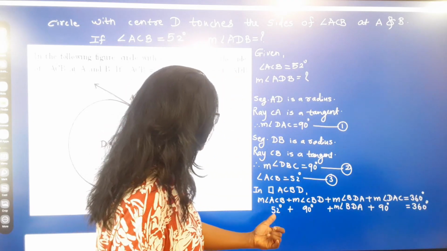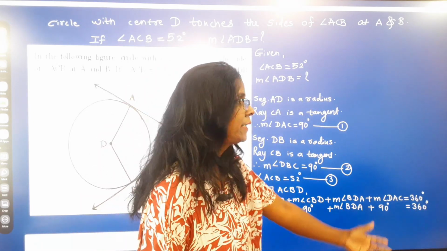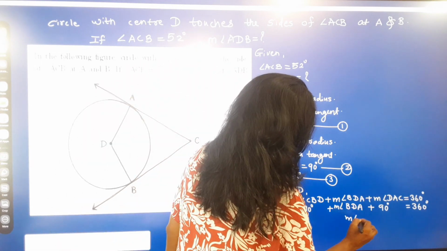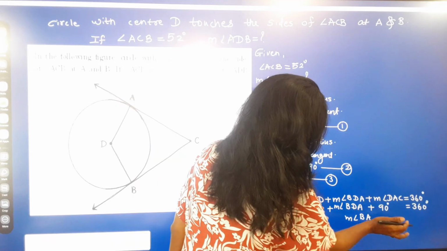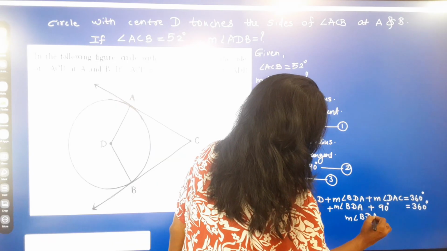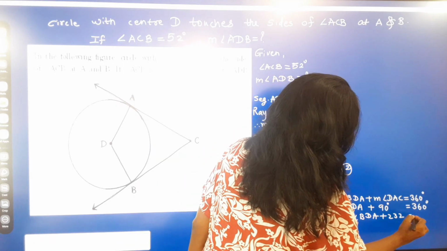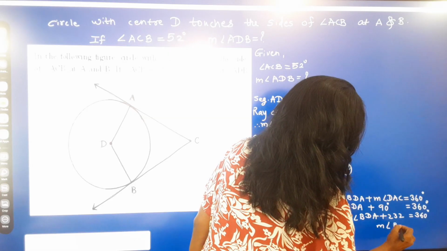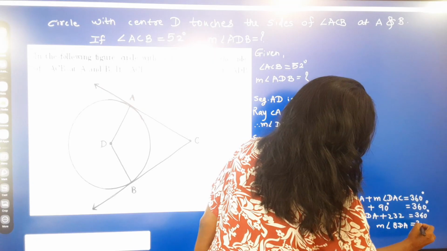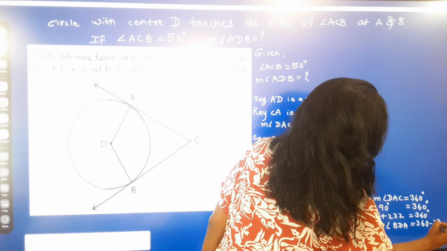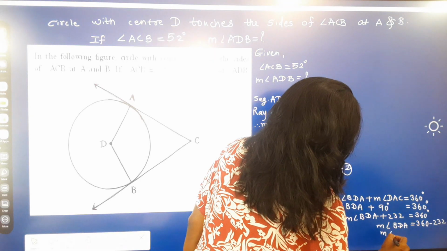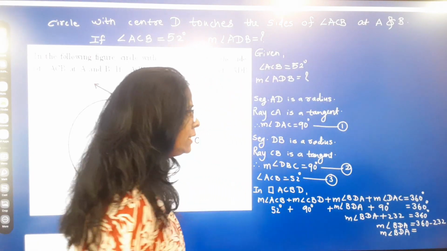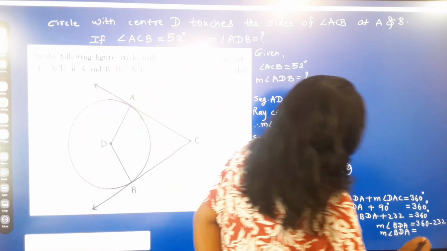So now sum of these numbers 52, 90 and 90: 180, 232. So angle BDA plus 232 is equal to 360 degree. So angle BDA is equal to 360 minus 232.